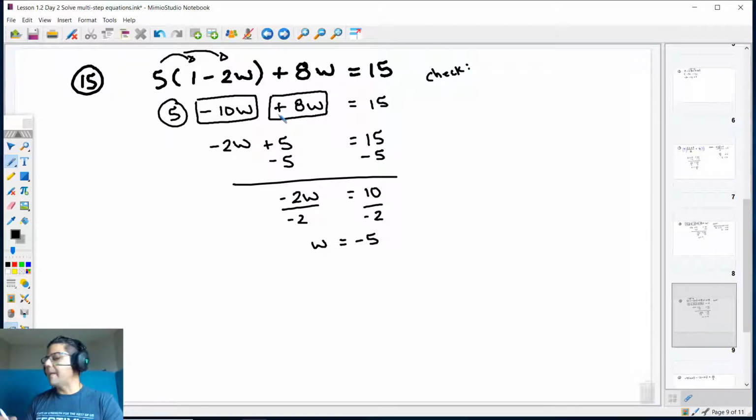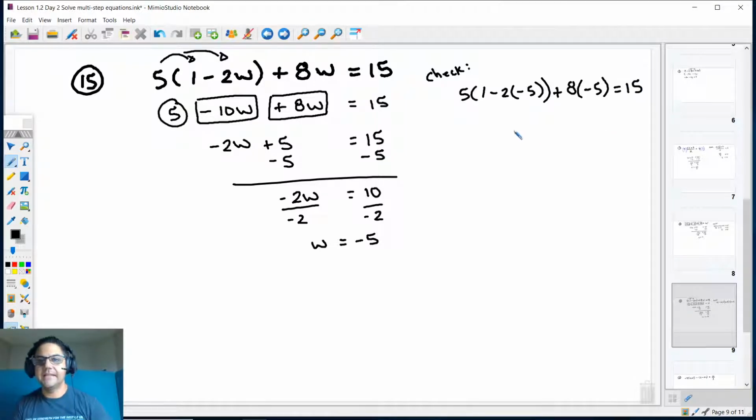So when we check, remember we check with the original problem. So it really means 5 times 1 subtract 2 times, and again, w is negative 5. And then plus 8 times w is negative 5, 15.